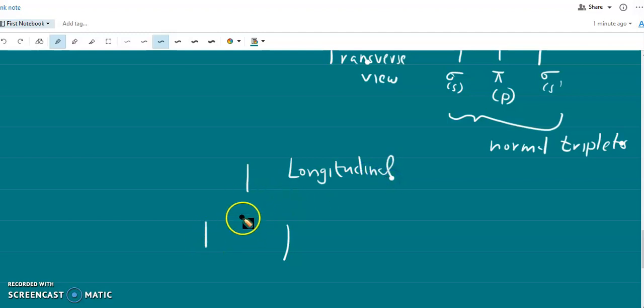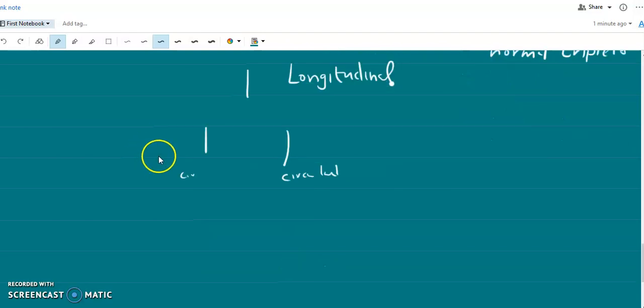The unshifted line is absent. One has a higher frequency and the other a lower frequency. They are circularly polarized in opposite directions. Both are circularly polarized.